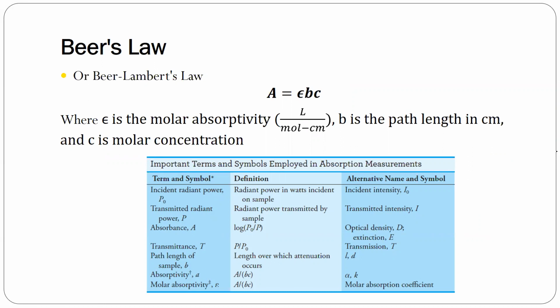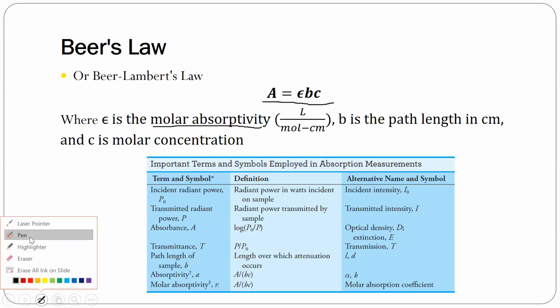Regarding absorption, there's a law that governs the relationship between absorbance and the concentration inside that container. We call it Beer's law or Beer-Lambert's law. It's stated in this equation: absorbance A, which is a unitless quantity, is just equal to epsilon times B times C. Yung epsilon, ang tawag dyan, molar absorptivity.